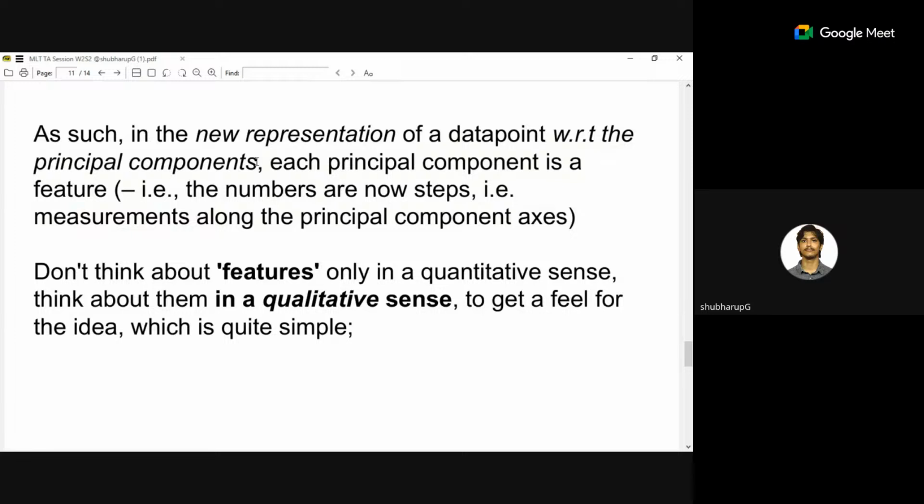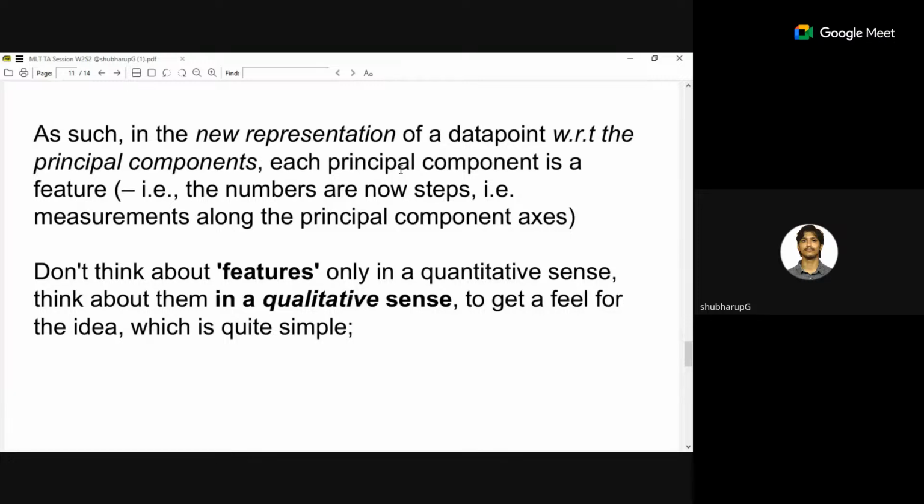I haven't chucked away principal components yet. I've just done a change of basis. Each principal component is a feature, right? You'll hear in the next couple of slides that PCA gives you new features. The principal components are new features, right?